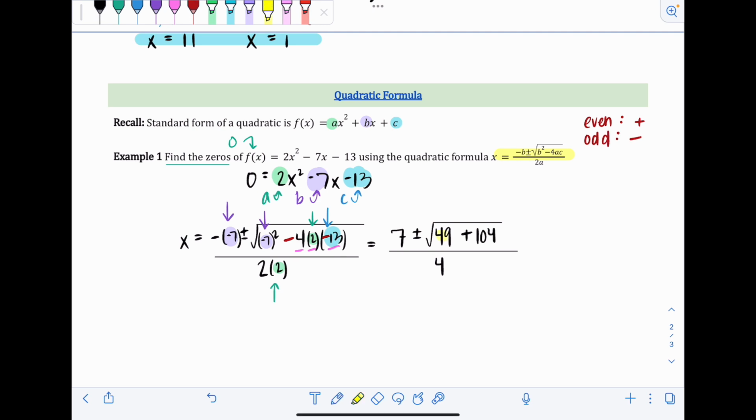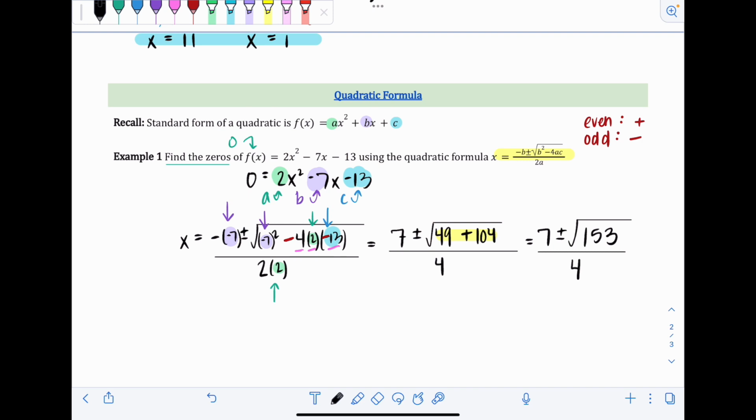And then now I can go ahead and add the numbers inside of my radical. So it'd be 7 plus or minus the square root of 104 plus 49, which is 153. And then in the denominator, I have just that 4 there. And that's our final answer.